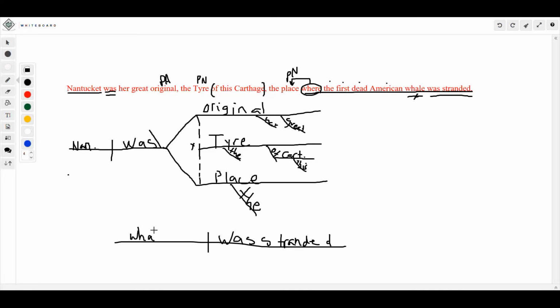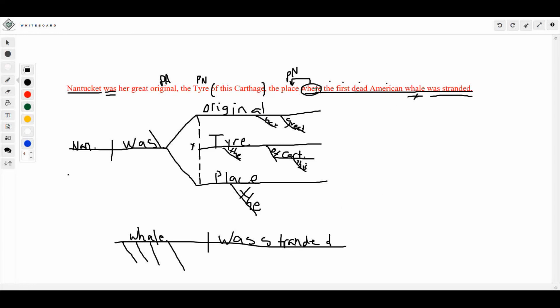Oh my gosh. Now, so here we have the first dead American. I'm not going to write that in there, but I'm letting you know that's where they go. So the first dead American. Okay. Now the only word we haven't put yet is the word where.